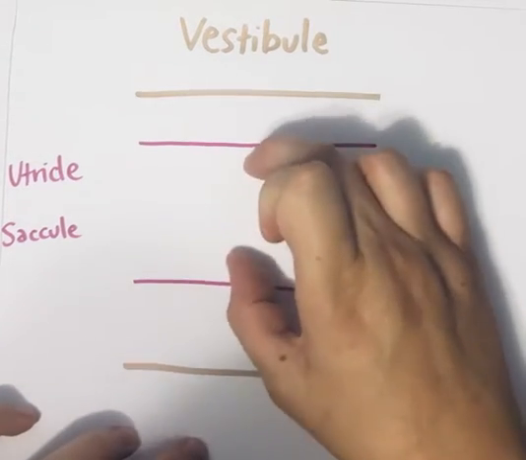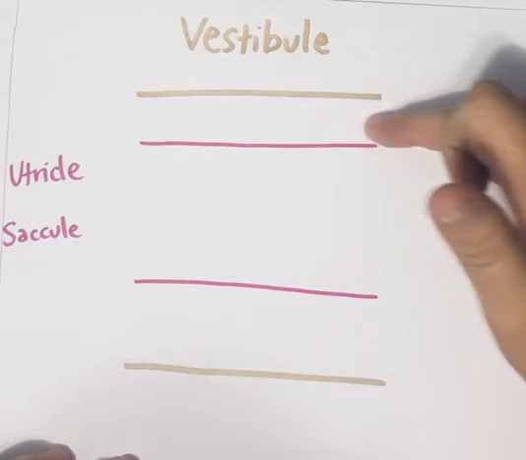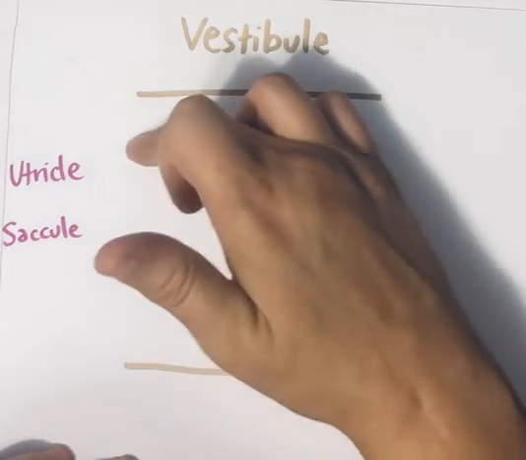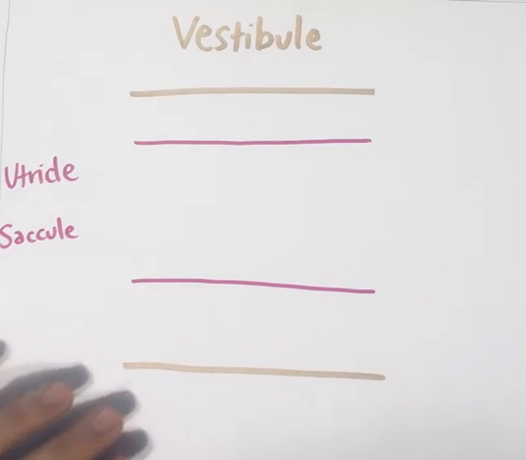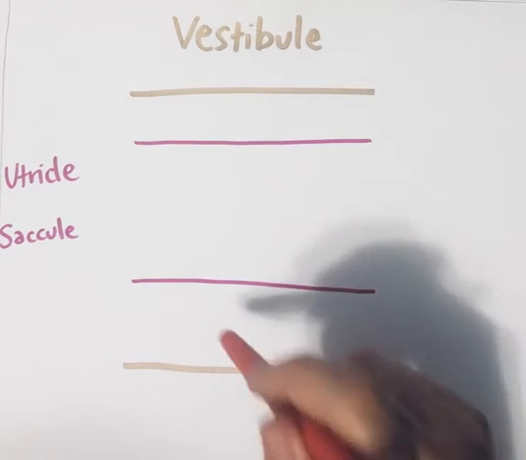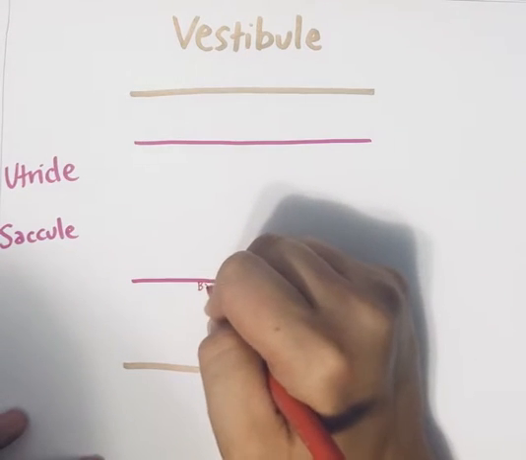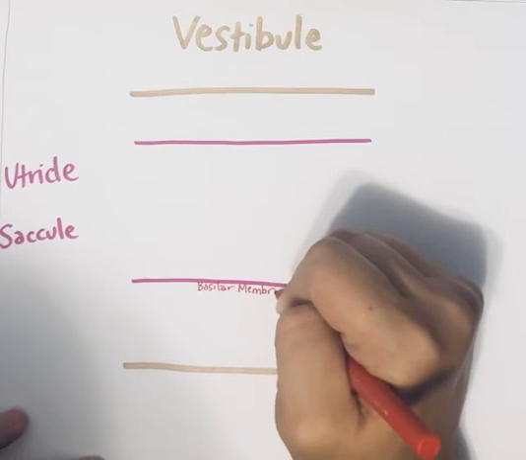This is the membranous labyrinth. Now, everything is literally the same. The scala vestibuli is on top. The scala tympani is on bottom. This is going to be known as the vestibular membrane. And the bottom is going to be known as the basilar membrane. The basilar membrane is always going to be where it's at.